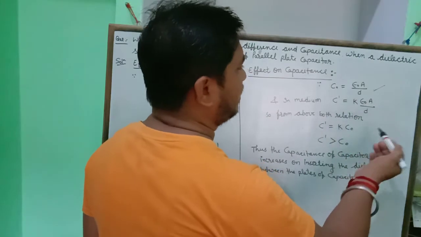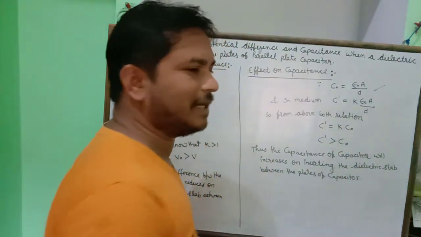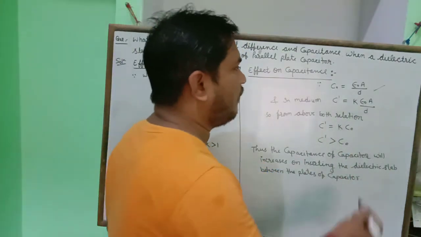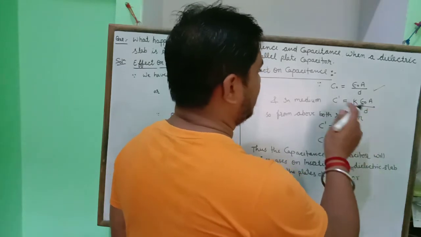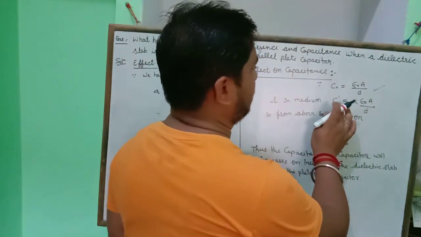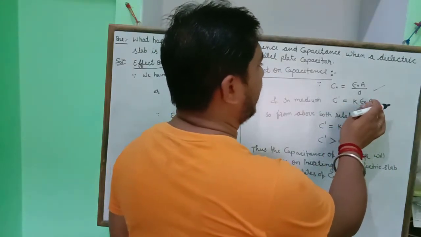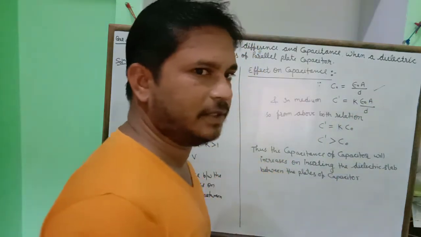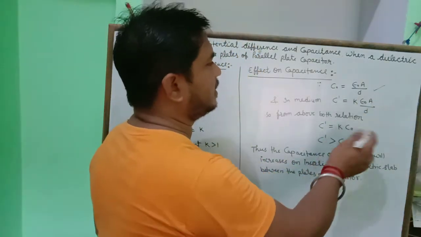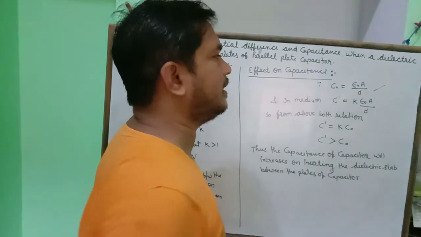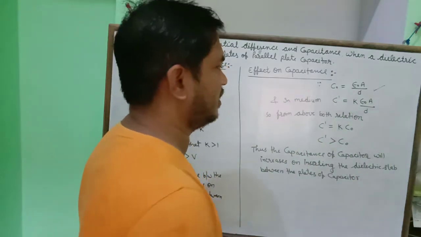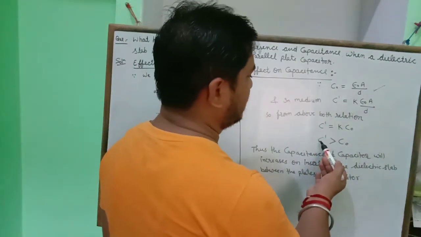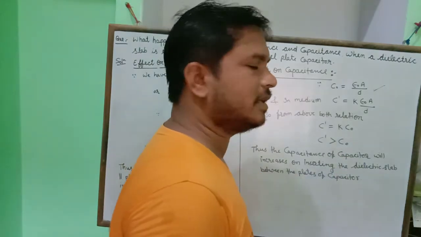If we place the dielectric slab of dielectric constant K, the capacitance will be C dash is equal to K epsilon naught A upon d. From this relation, C dash is K times C naught, so we can say that C dash is greater than C naught.